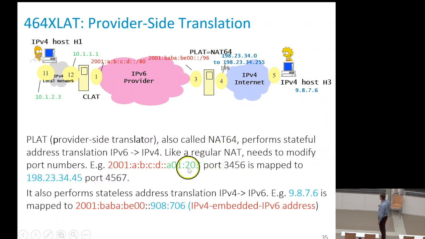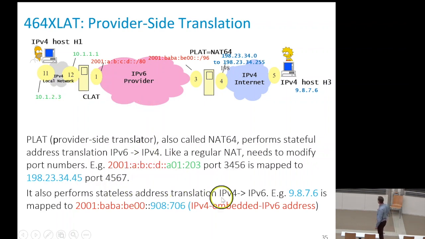So we know that in order to do that, we often have to manipulate the port. So this is typically what will be done. It will transform the source address, which is this one, embedded into an IPv6 address, into one of the available blue IPv4 addresses here that are allocated to this provider to represent customers like Homer. Right?